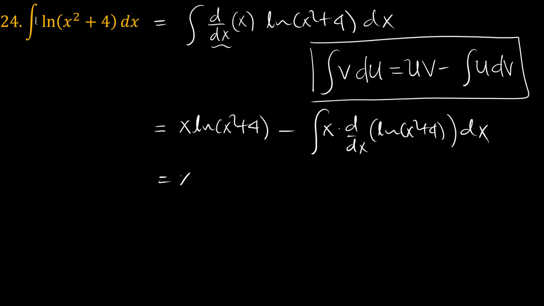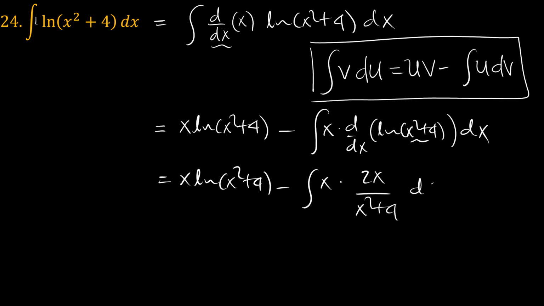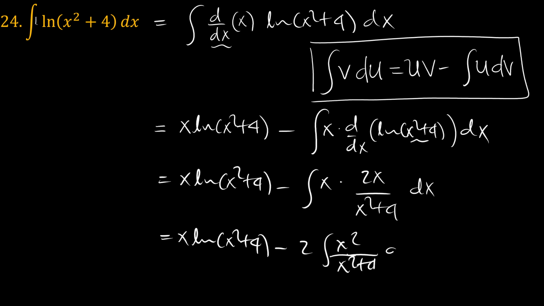Which is x natural logarithm of x squared plus 4 minus x times the derivative of this over x squared plus 4. So which is x natural logarithm of x squared plus 4 minus 2x squared over x squared plus 4, right?